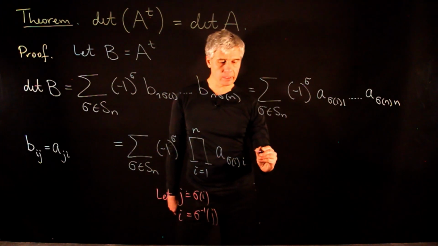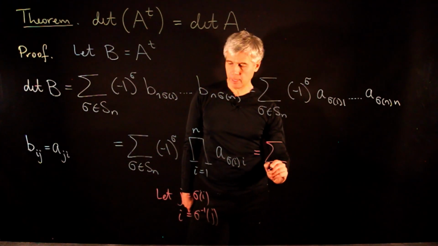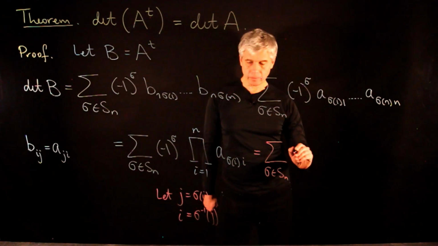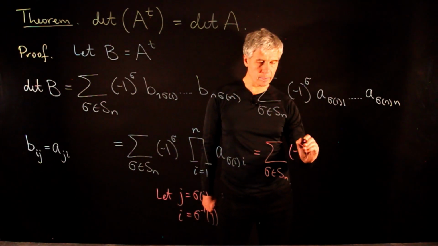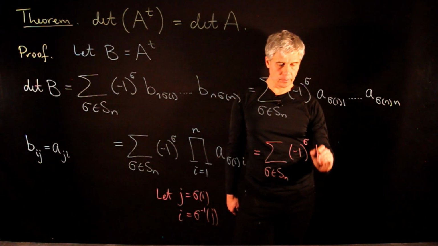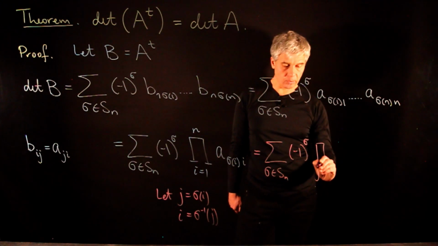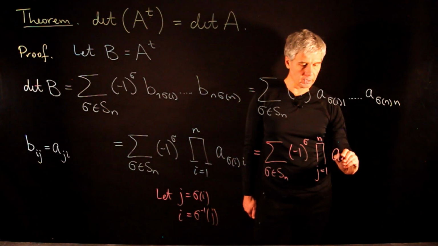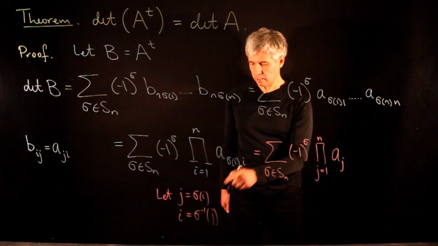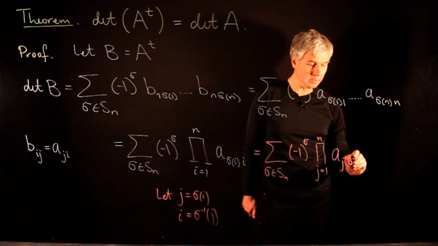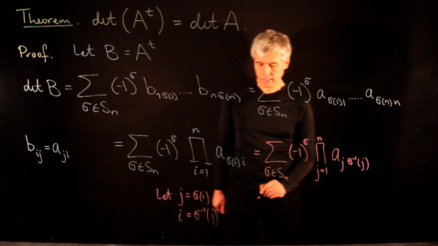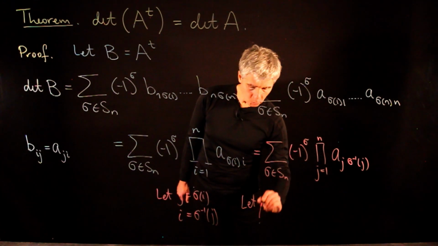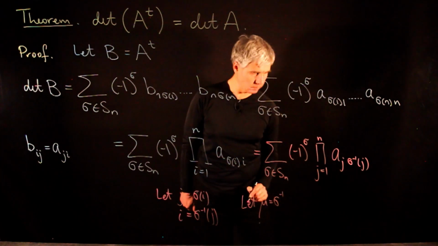And so now we can write this as the sum over sigma in S_n of (-1) to the power of sigma, and the product over j from 1 to n, where sigma of i is equal to j and i is equal to sigma inverse of j. Now we just let mu be sigma inverse.